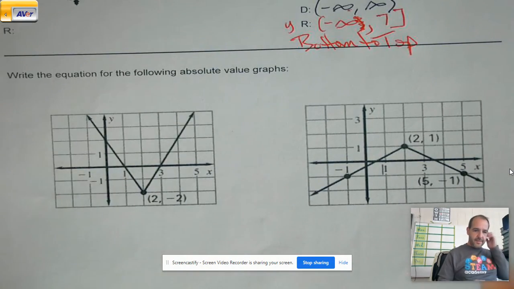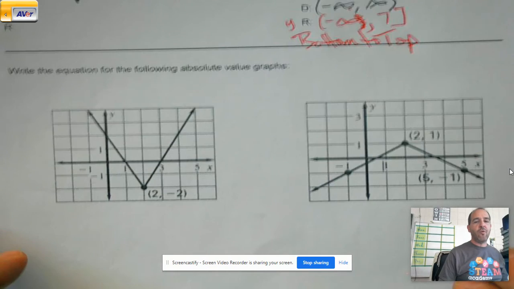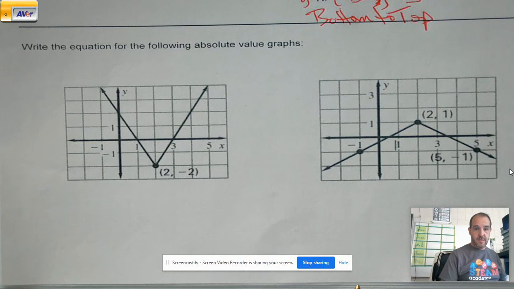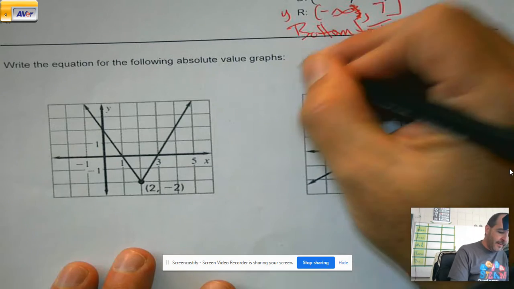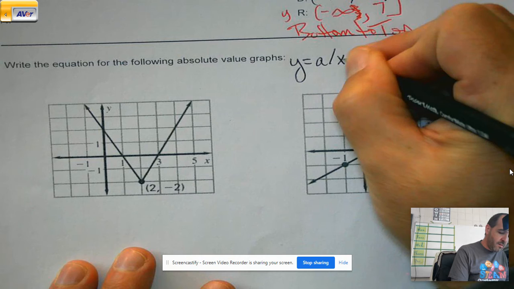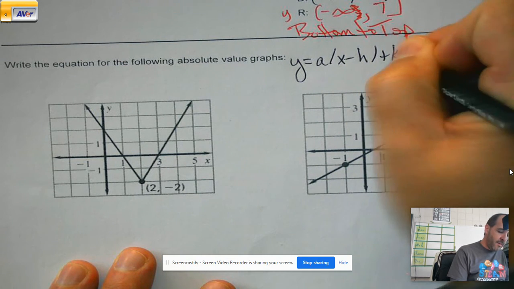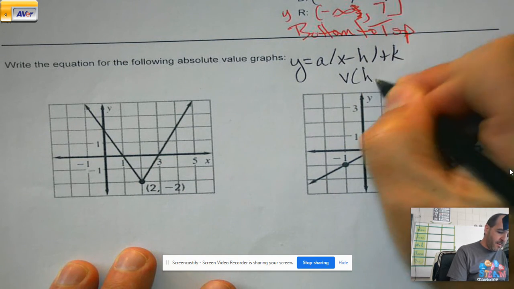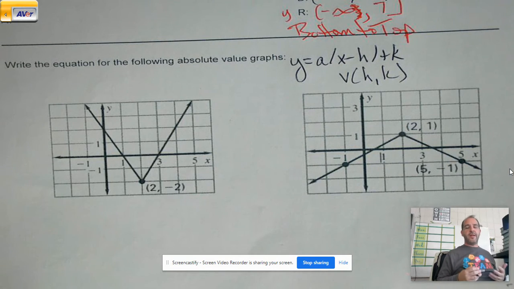One more piece. We are going to do a lot this year of working backwards. So we just got done taking equations and turning them into graphs. Now we're going to take the graphs and turn them back into equations. So to do this, I'm going to write down our... You're like, okay, so why do I need all this?